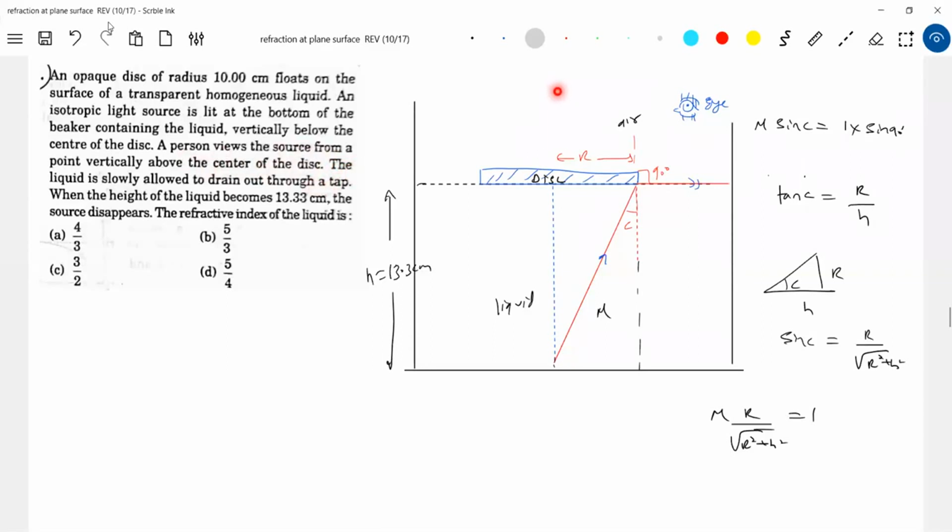I should show it here. So actually what happened is somewhere here. Somebody is asking, sir, what is the source? The source is here, which will emit light. Don't think like this, sir.